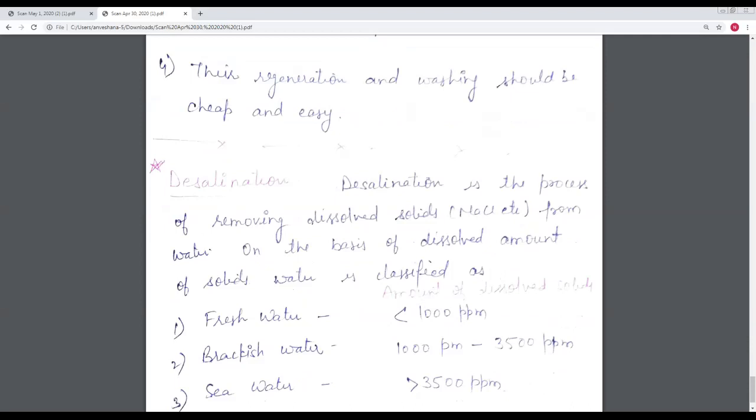The amount of dissolved solids in fresh water is less than 1000 ppm, and for brackish water the amount of dissolved solids is 1000 ppm to 3500 ppm. And for seawater, the salinity is greater than 3500 ppm. So this is the classification based on the salinity of water.